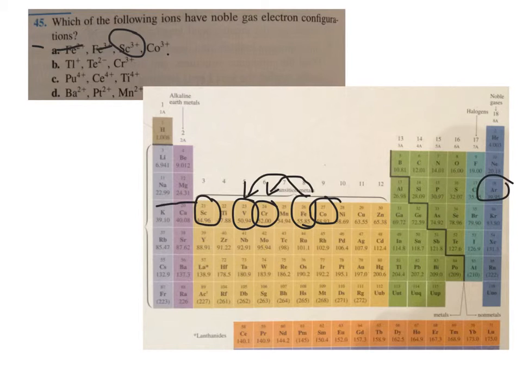Cobalt's a +3. Cobalt's here. If cobalt loses 3 electrons, it would go 1, 2, 3, which puts it at chromium, which again is not a noble gas. So cobalt's going to be out as well.